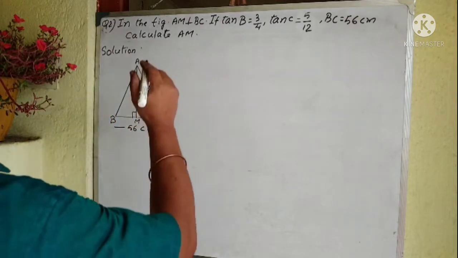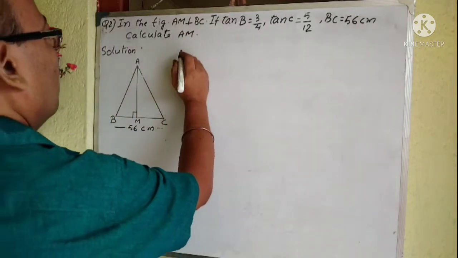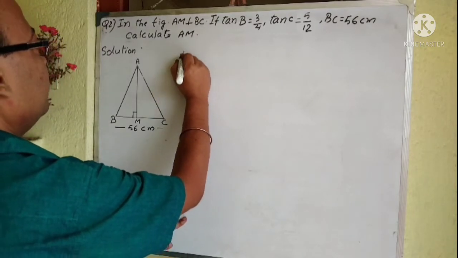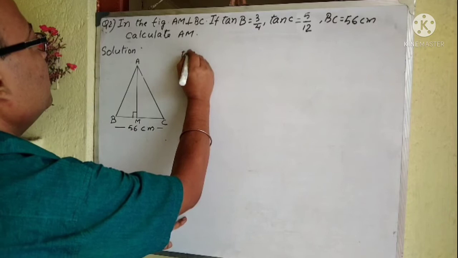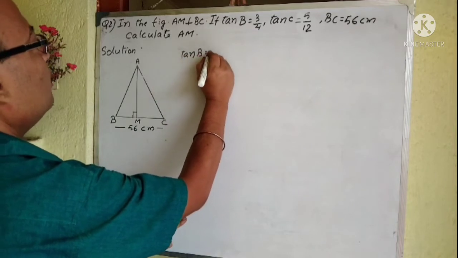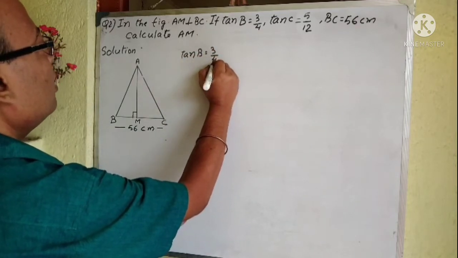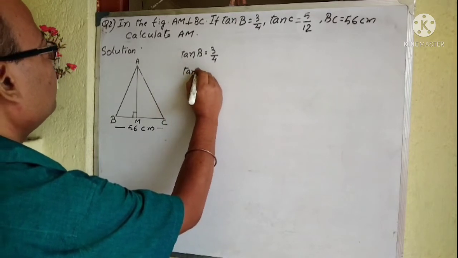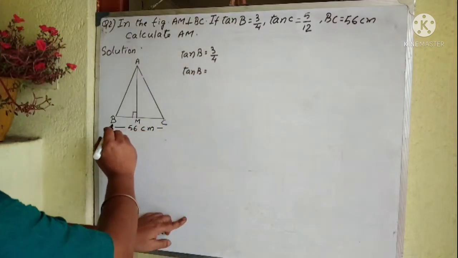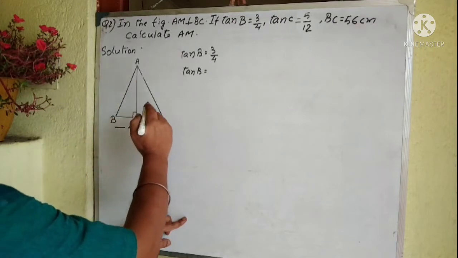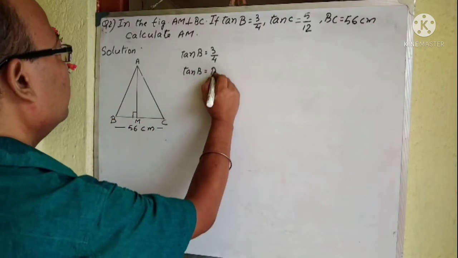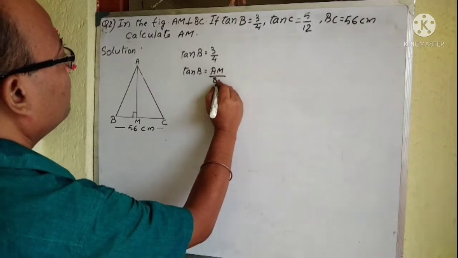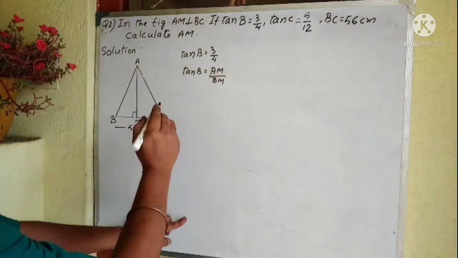So given is tan B is equal to 3 by 4. So tan B is AM by BM, height by base.